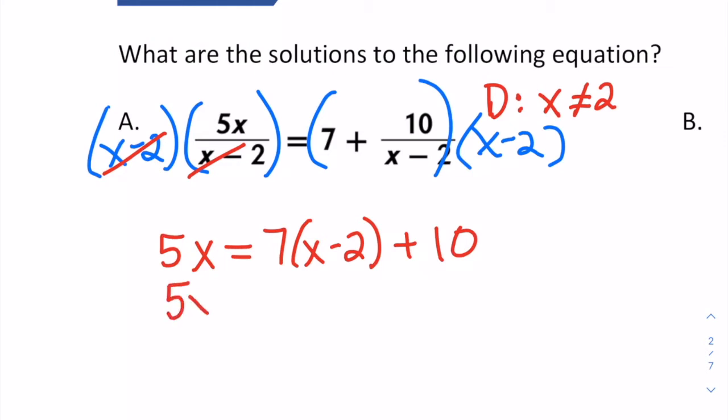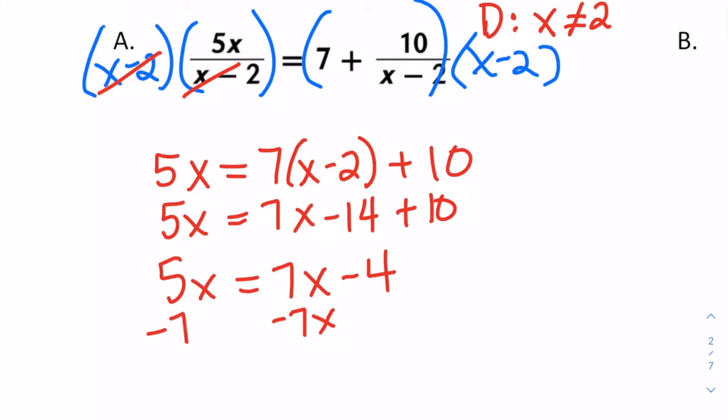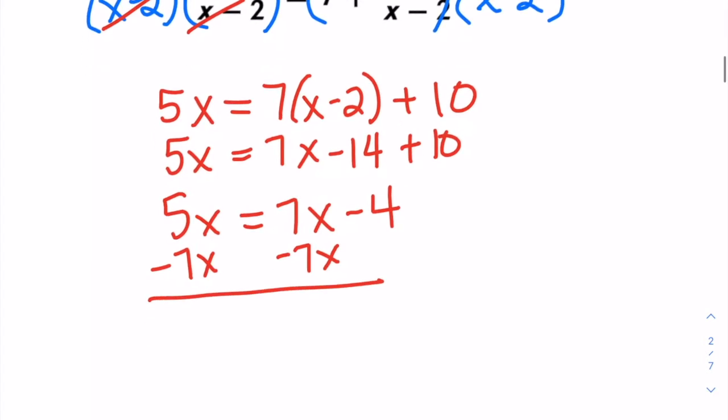Okay, let's just simplify this. So we have 5x equals 7x minus 14 plus 10. 5x equals 7x minus 4. Subtract 7x from both sides, and we'll be left with negative 2x equals negative 4.